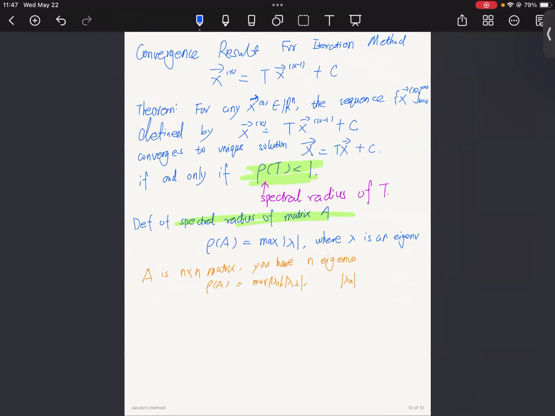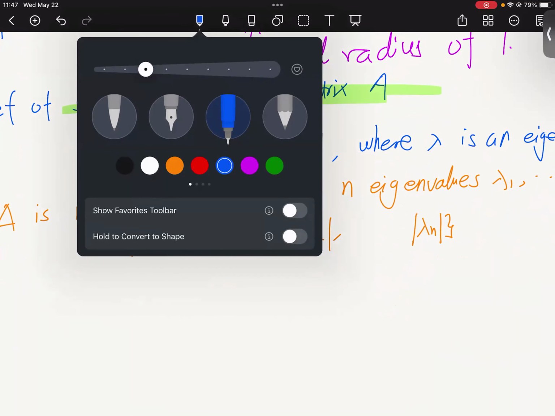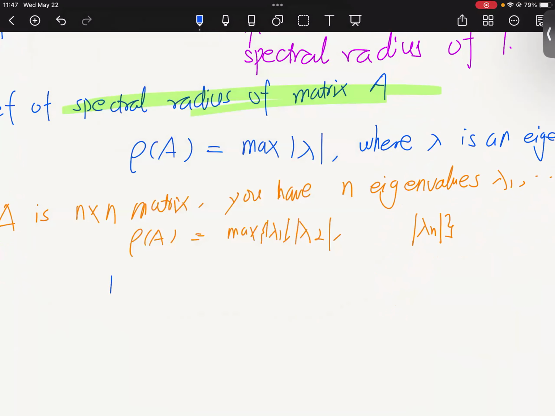I should also point out that if lambda is a complex number, then this is not the absolute value but the magnitude of the complex number. Let's express the complex number as alpha plus beta i.